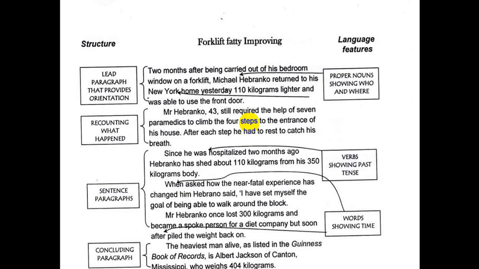Mr. Hebranko once lost 300 kilograms and became a spokesperson for a diet company, but soon piled the weight back on. Please pay attention to the last paragraph, the concluding paragraph in the structure. The heaviest man alive, as listed in the Guinness Book of Records, is Albert Jackson of Canton, Mississippi, who weighs 404 kilograms.